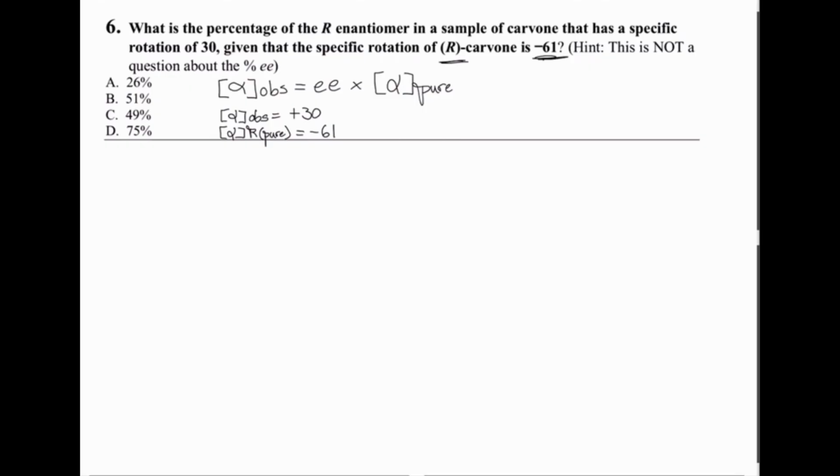Because our observed is positive, we know our R enantiomer is not dominant.